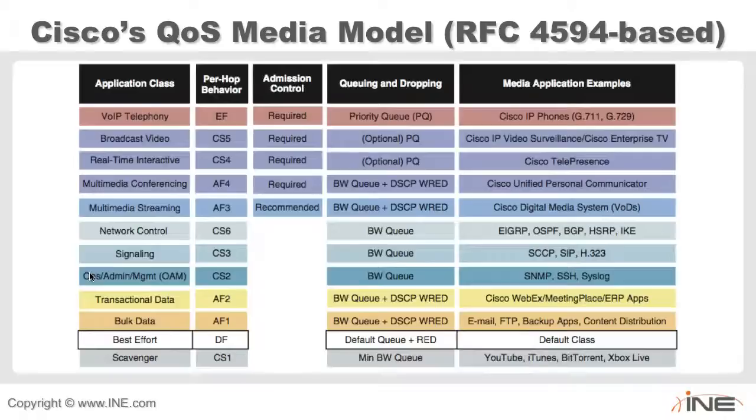Then we've got network control, so OSPF, EIGRP. This is at CS6. EF is only getting into the 5s, actually. CS6 is a bit higher. Now, it doesn't have priority queue, but it does have guaranteed bandwidth for EIGRP, OSPF, BGP, HSRP for hot standby, IKE and ESP for security.